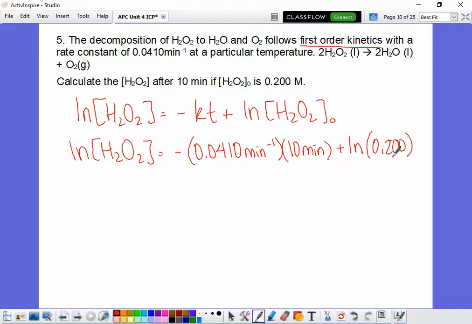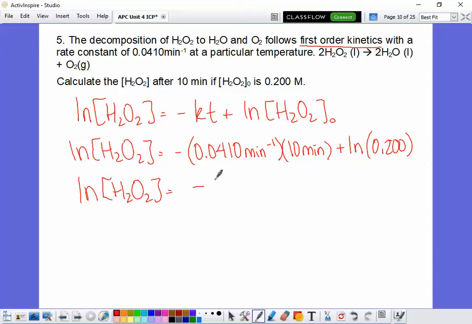Okay. So we're going to start solving. Let's solve everything on the right. So negative 0.410 times 10 plus natural log of 0.2. Oh, sorry, not 0.410, 0.0410. So you'll get the natural log of H2O2 equals what?